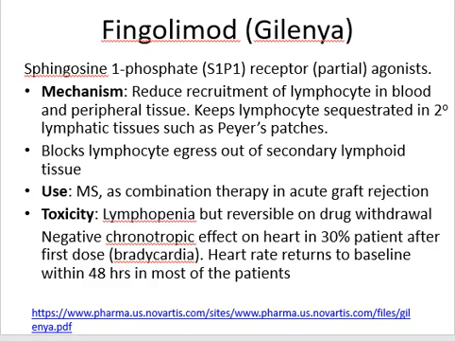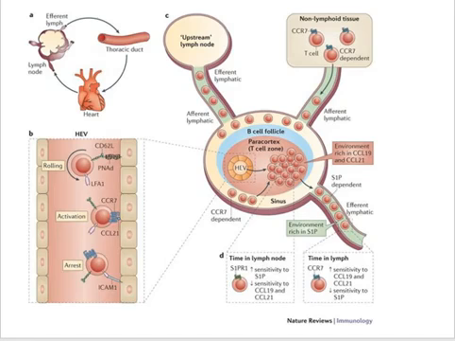You can see bradycardia, which manifests itself within 48 hours. That usually returns to normal. There's some negative chronotropy. Again, that usually returns to normal. So the key component here is that when you stop giving the drug, the immunity returns to normal.